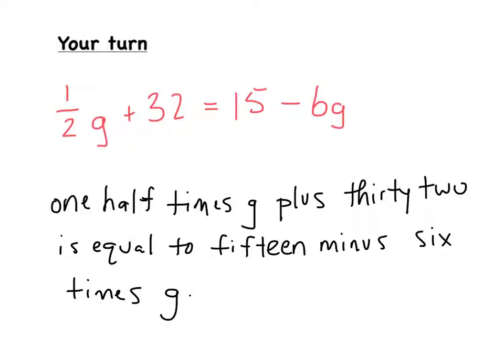So the equation above is read as 1/2 times g plus 32 is equal to 15 minus 6 times g. So please take your time, go one term at a time, write it out specifically, look back at your notes, and you should be able to figure out how to turn equations into sentences and sentences into equations.